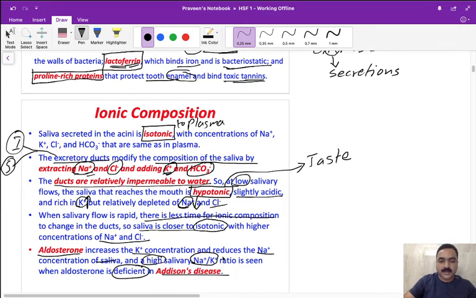There will be an increase in the sodium and potassium ratio because there is no aldosterone to reabsorb the sodium. So there will be more sodium in the saliva, and you will see an increased sodium potassium ratio in conditions like Addison's disease where there is deficiency of aldosterone.